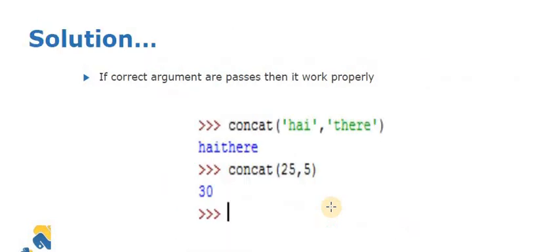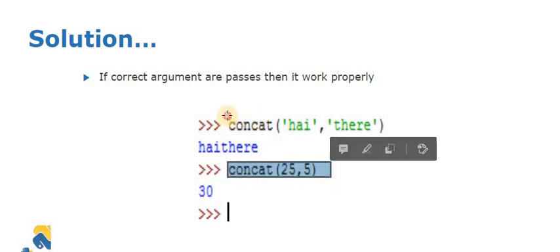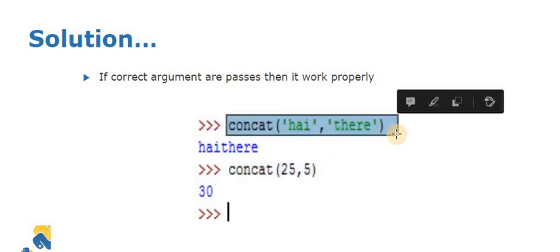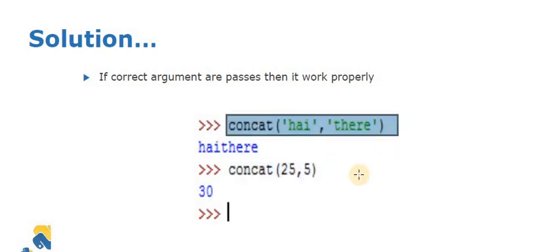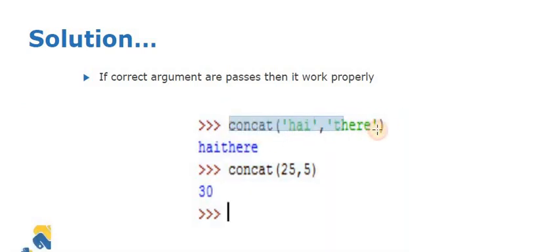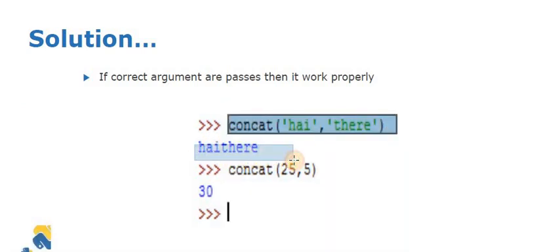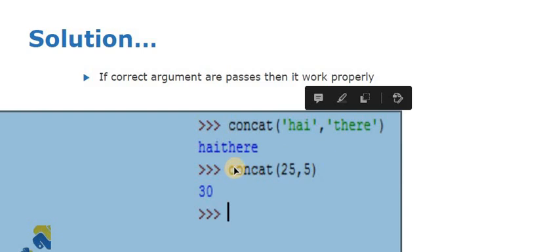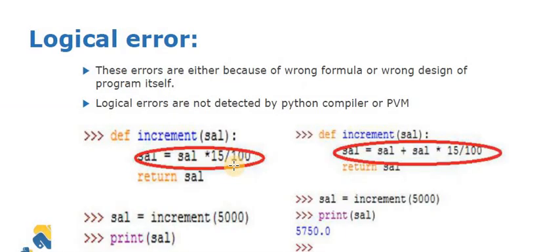If we want to correct that, we can convert the integers into string formats, or we can pass two strings so that we can concatenate them. Okay, so in this way we can solve the errors.